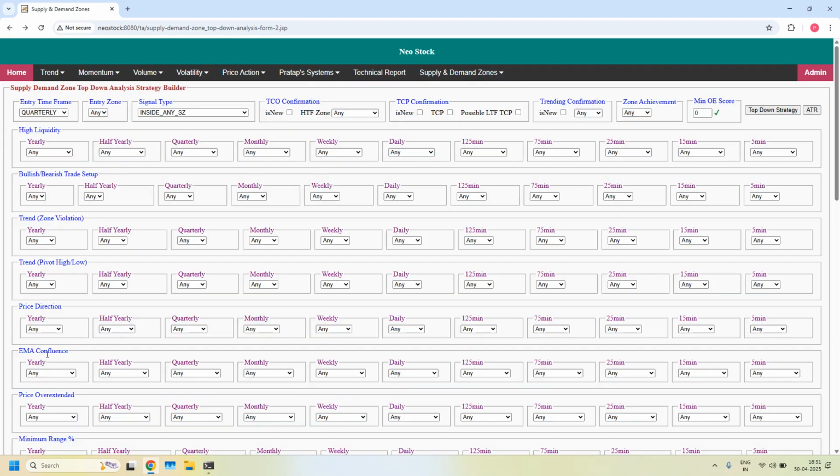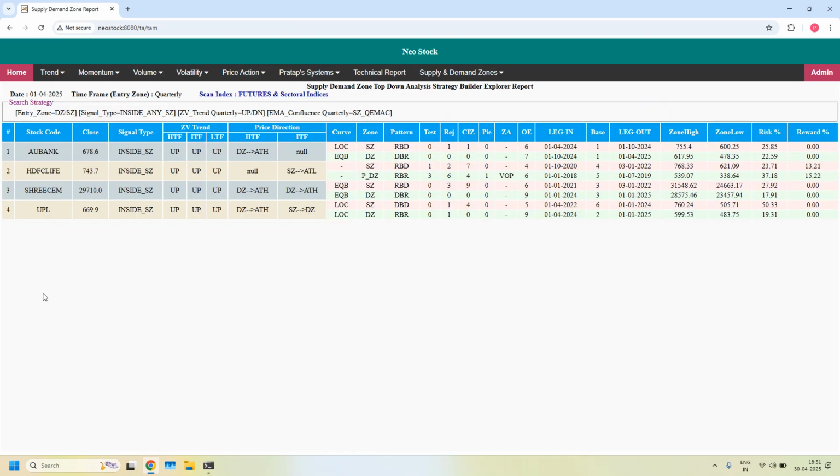So in the EMA confluence at quarterly, I am selecting this time quarterly supply zone having quarterly EMA confluence. And also the trend on the quarterly should not be sideways, it can be up or down. Now the list has come down to 4 stocks. This is about the quarterly time frame.